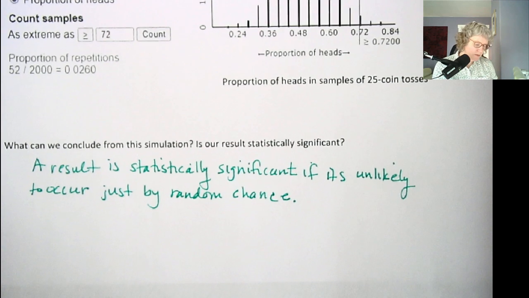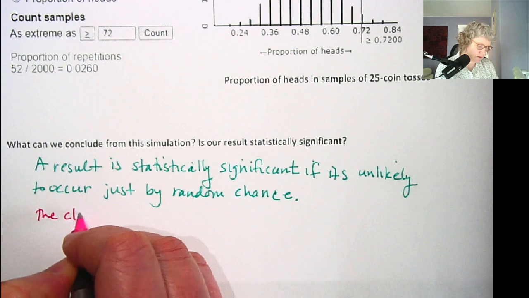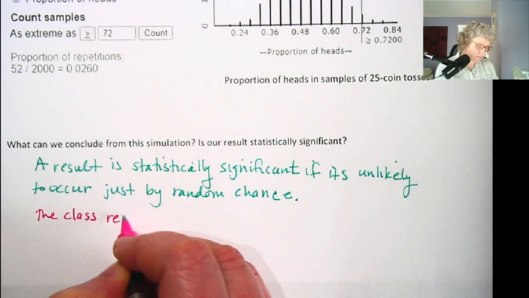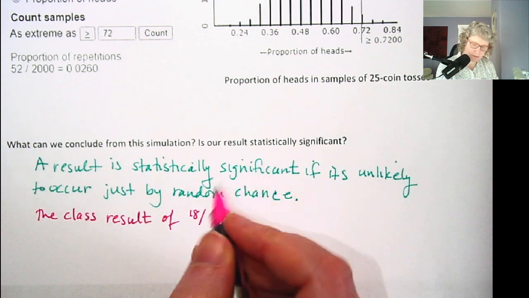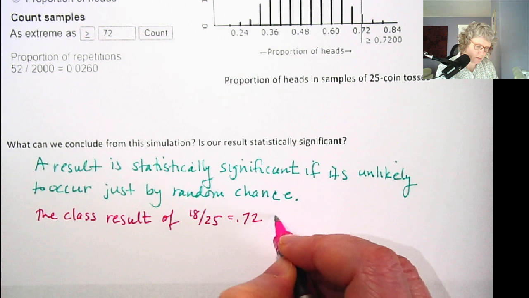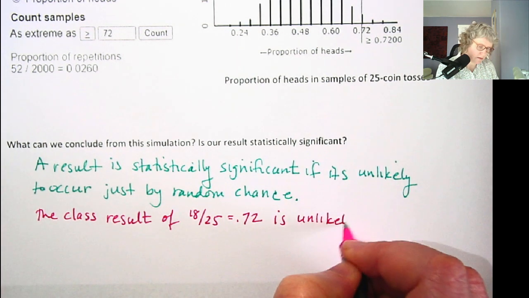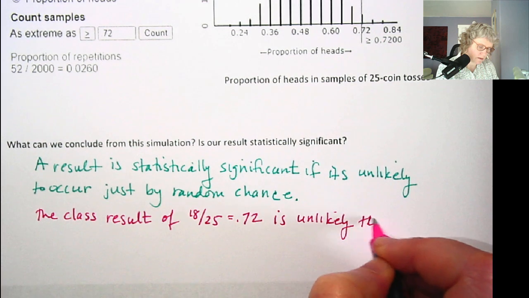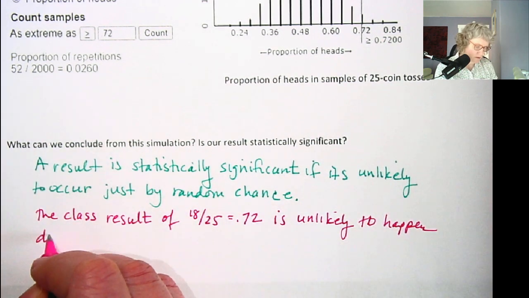Okay, so let's write about our class results. So the class result of 18, because it is a previous class, 18 out of 25, which is 0.72, is unlikely to happen due to chance.